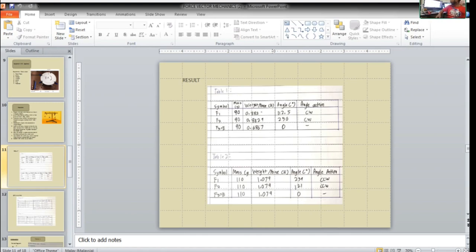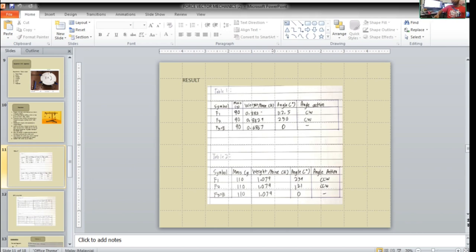Okay, today we're going to talk about the results of the force vector lab report. Table 1. Symbol F1: the mass is 90 grams, the weight force is 0.882 Newton, and the angle is 112.5. The angle action is CW.